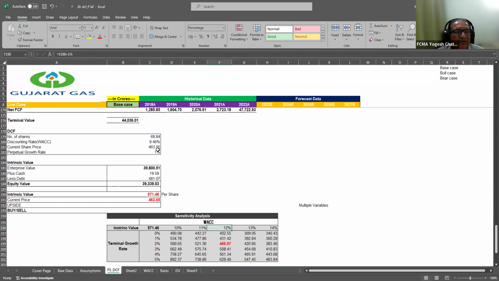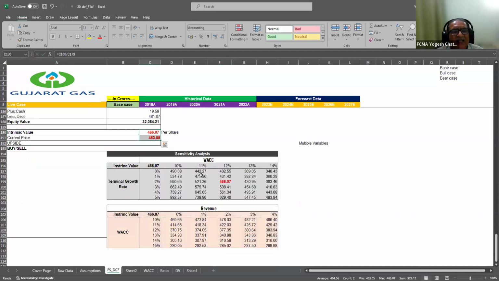I will just give you an example. I am changing this to 2% and the discounting rate to 12%. As you can see, now it is 466, and that is compared with the market. So that is the use of sensitivity analysis.